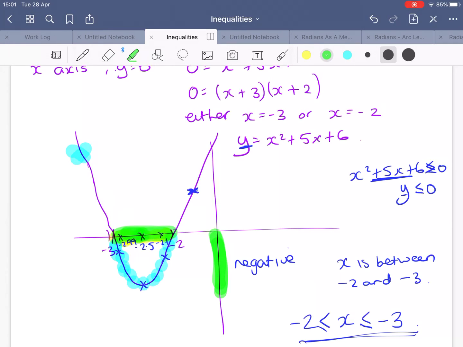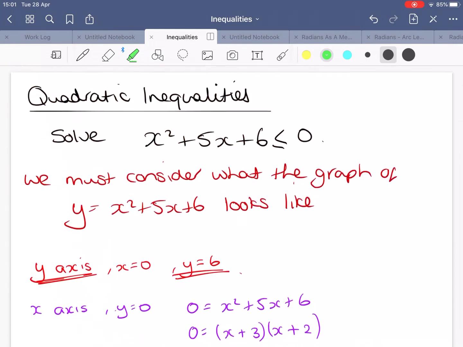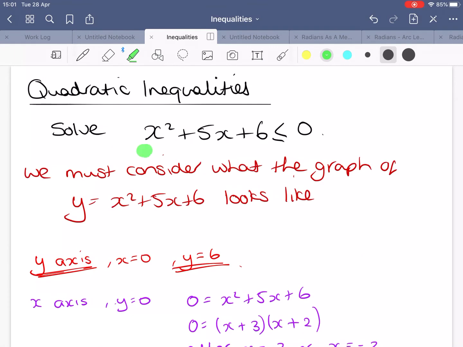Okay, and that's the answer. So if I were to put into this equation x equals -2.3, the answer to that would be less than 0. If I were to put in -2.793, it would be less than 0.